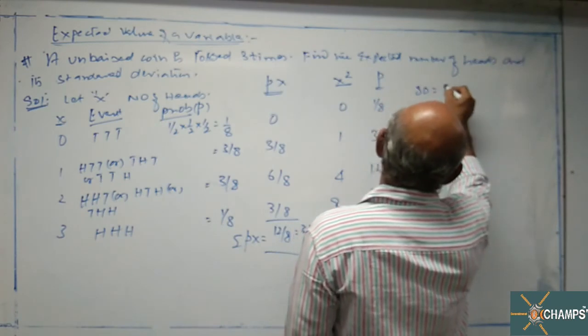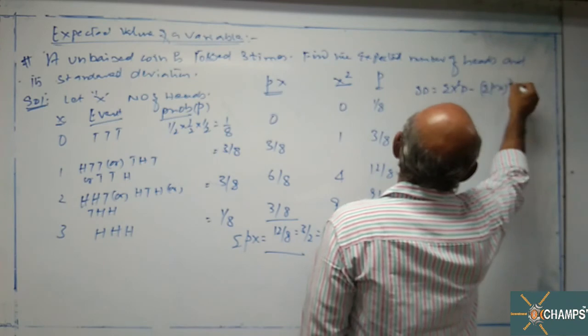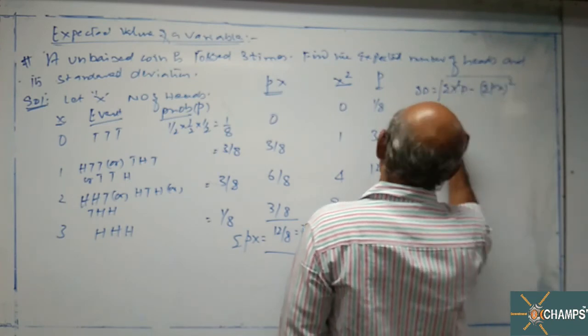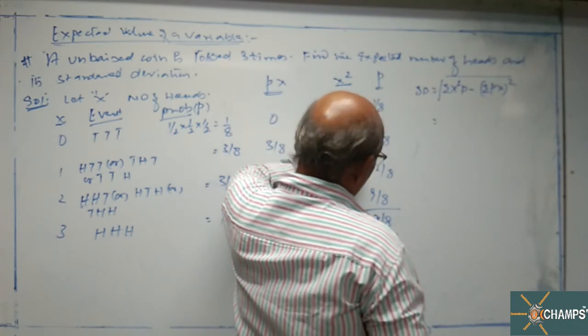Standard deviation is equal to the square root of summation of x square p minus summation of px whole square.